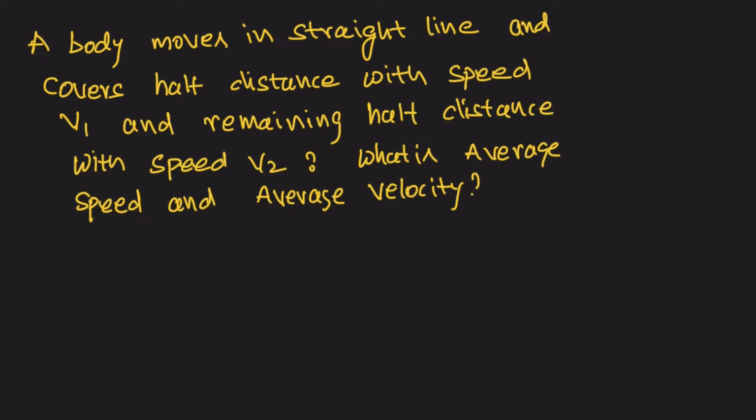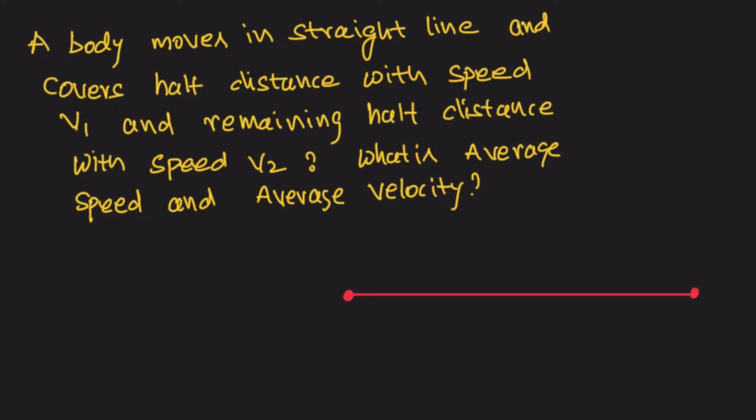Now the question: a body moves in a straight line and covers half the distance with speed v1 and the remaining half distance with speed v2. What is the average speed and average velocity? For this question, let us draw the diagram. The body moves in a straight line. Suppose this is a straight line.